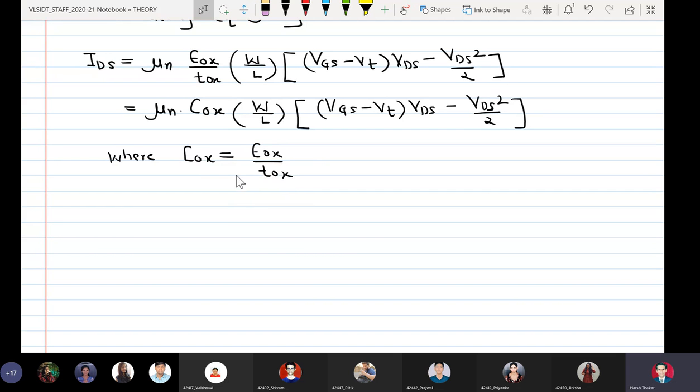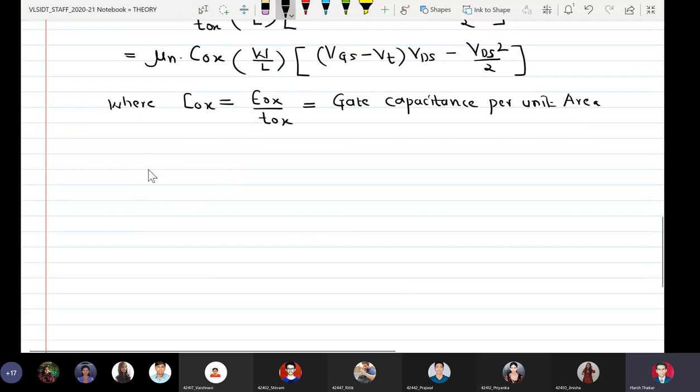Okay. So this is called as gate capacitance per unit area. Why COX is called as gate capacitance per unit area? The answer lies here.